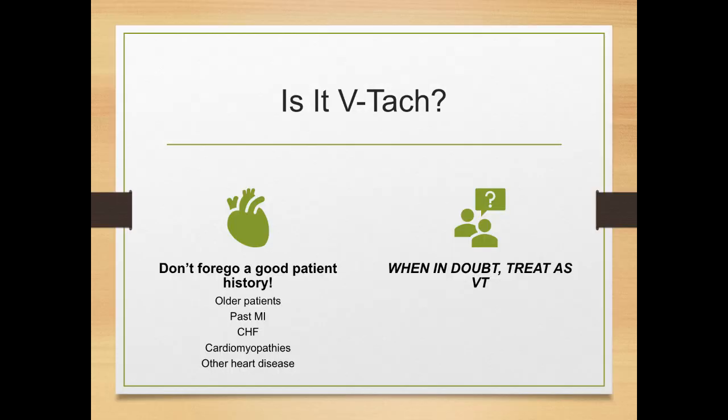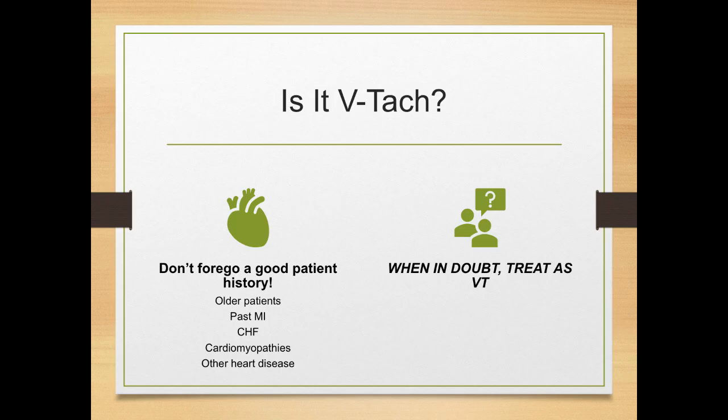Before we even get into the 12 lead, the EKG itself, we have a wide complex tachycardia. Well, a good patient history is going to tell you like 90% of what you need to know. So in our older patients, if you've got an 83-year-old patient, it's probably V-Tach.